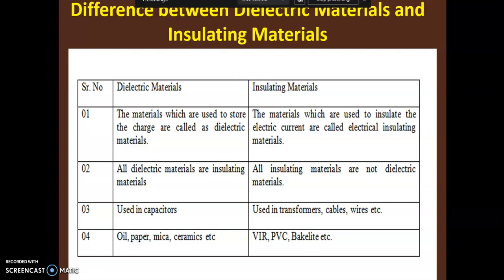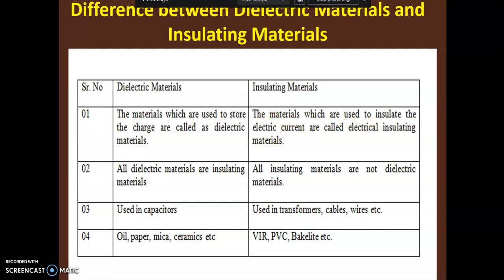Resistance of conducting material is very less. If you see insulating materials, the materials which are used to insulate the electric current are called electrical insulating materials. Means such materials will not allow the passage of current through them, but they will insulate electric current.